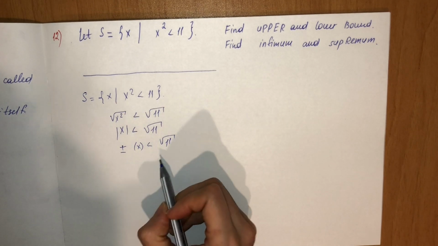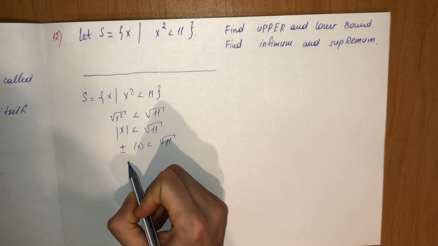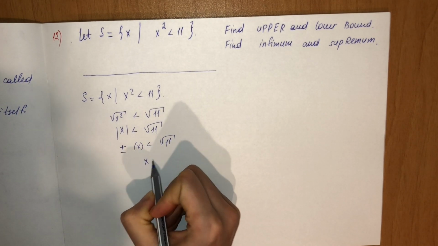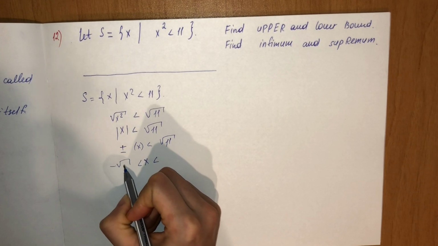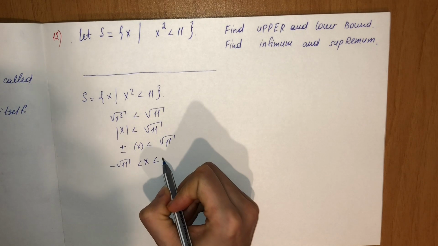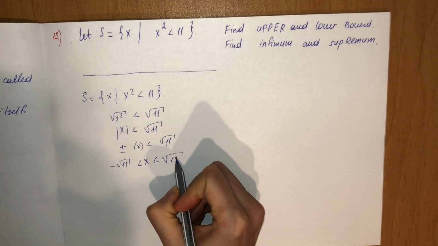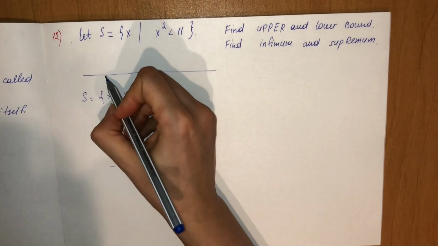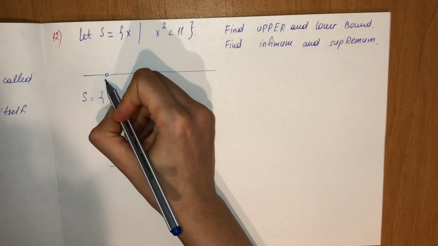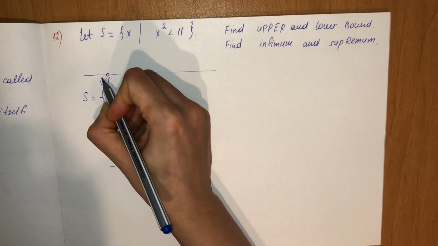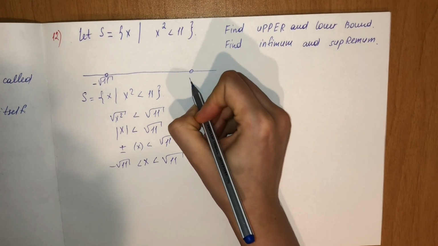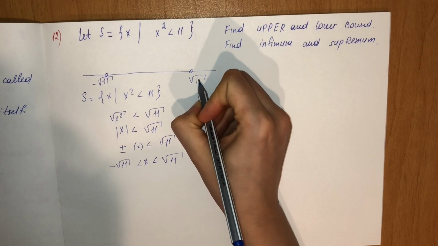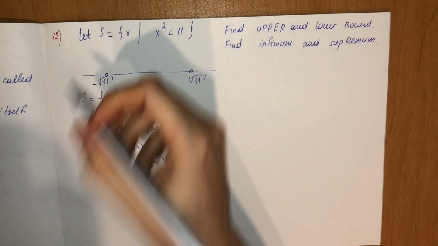Okay, it means that x is between minus the square root of 11 and the positive square root of 11. Let's show this on our real number line. This is the negative square root of 11, and this is the positive square root of 11.